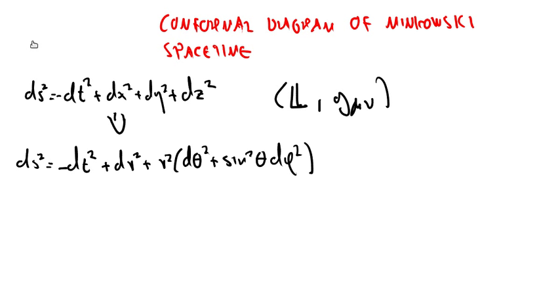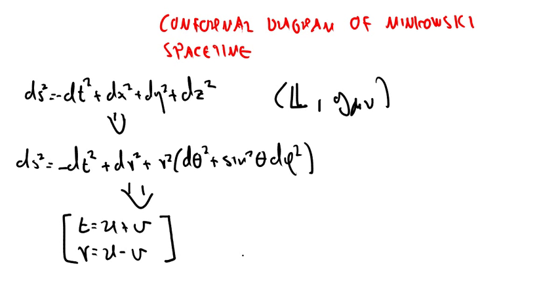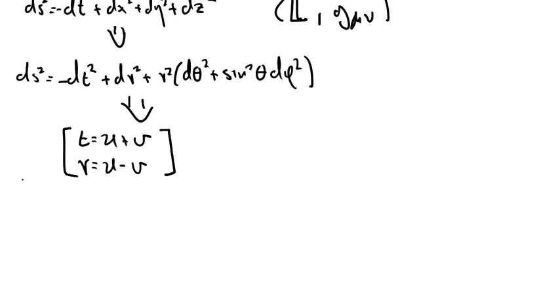Okay, so well, this is all very simple. We just have to do a number of changes. Okay, so this is the first coordinate change, which brings the metric into the following form.